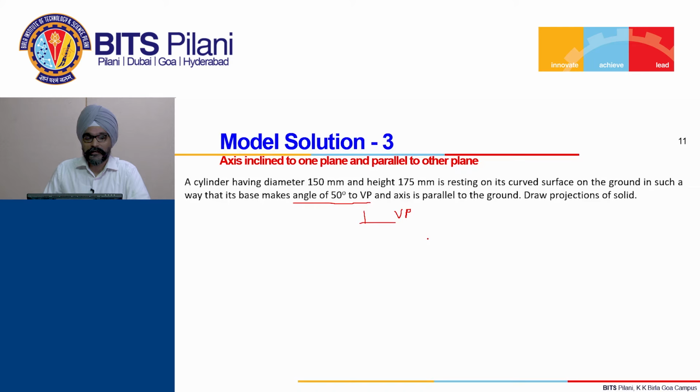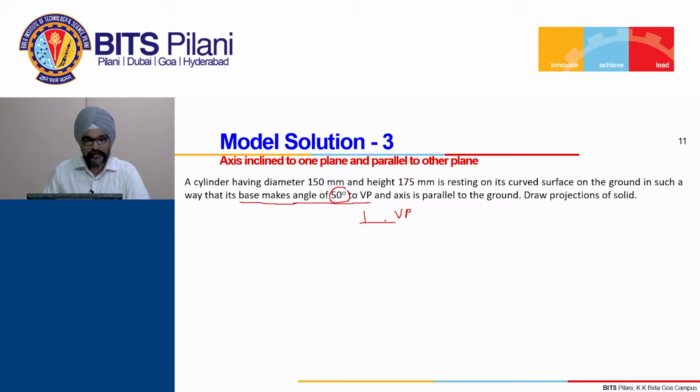So if the axis is perpendicular to VP, its base makes 50 degrees. If the base makes 50 degrees, the axis also makes a certain angle, so the axis is also inclined.